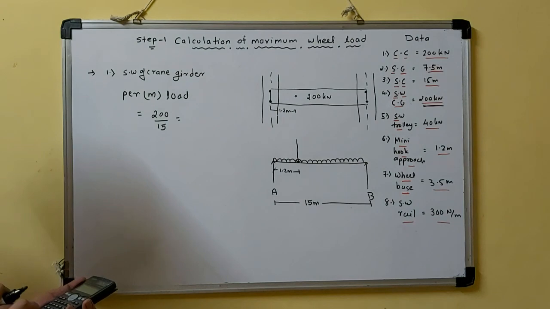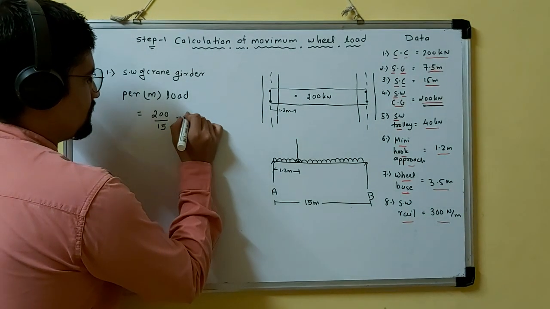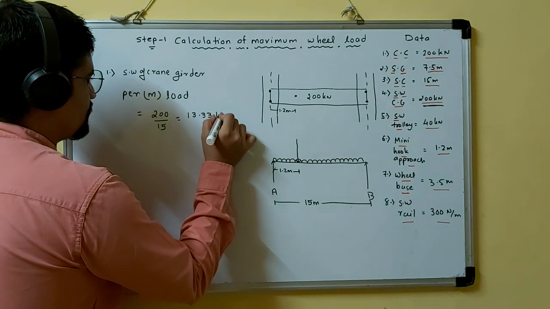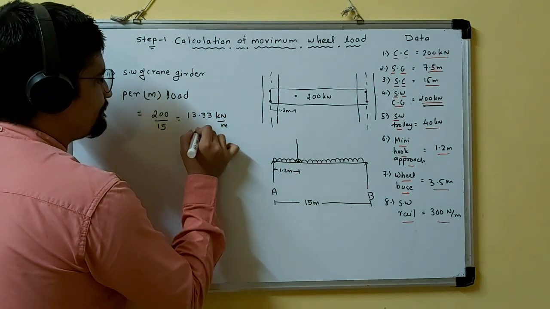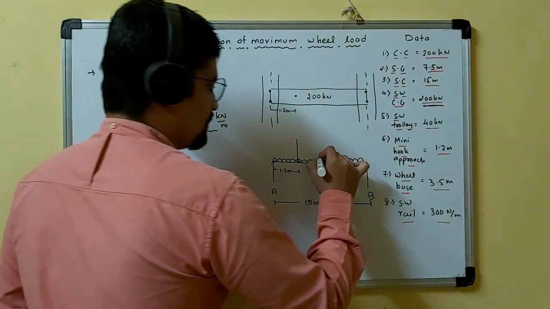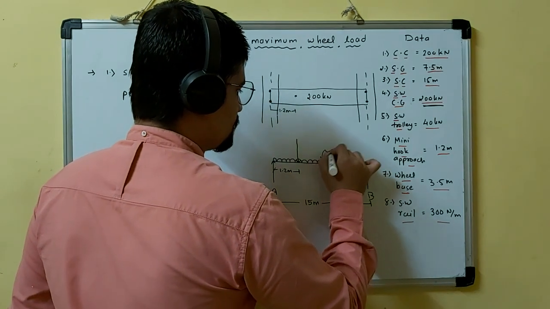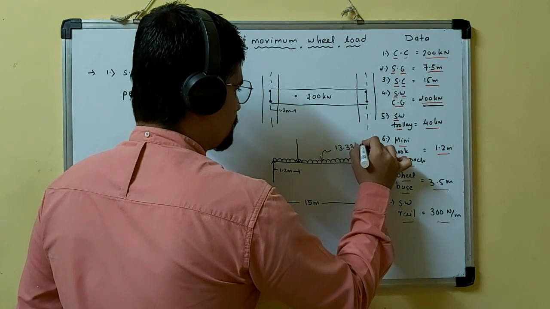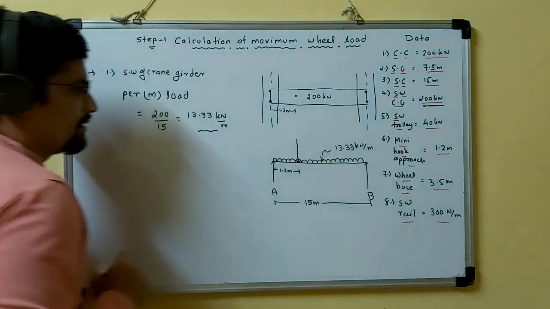So the load is 13.33 kilonewton per meter. Okay, got it?